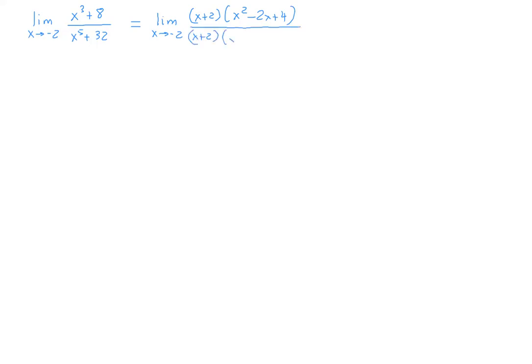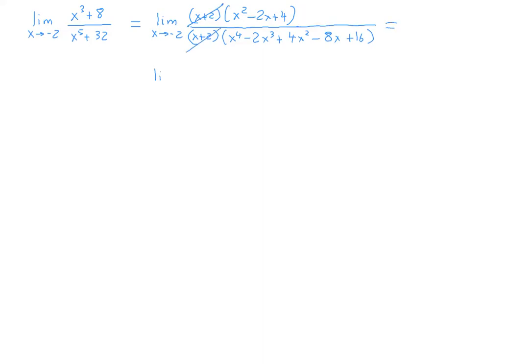And it will be x to the 4th minus 2x cubed plus 4x squared minus 8x plus 16. And now we have our cancellation.